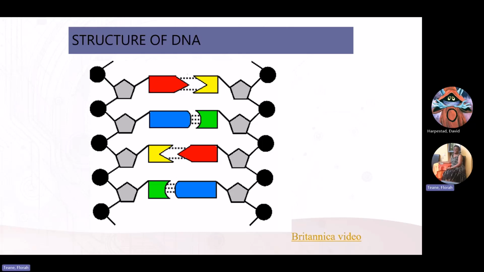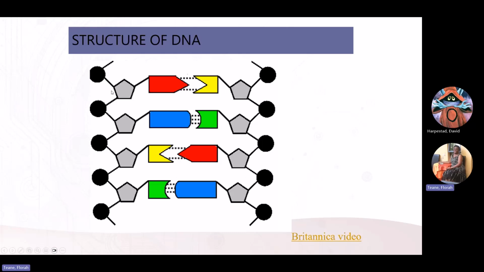As I said, DNA is formed by nucleotides. Now, we have already indicated the sugar that forms a DNA molecule. It is called a deoxyribose sugar. So this sugar here is a deoxyribose sugar because this is the structure of a DNA molecule.